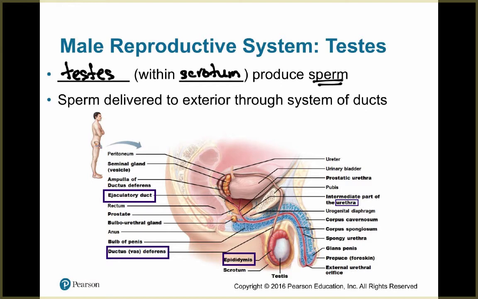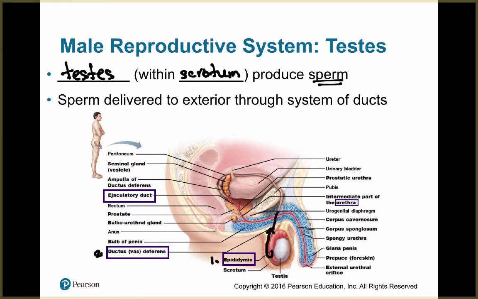And so if you look at this picture, I've shown you the duct system that it starts with. Once it leaves the testes, it goes to the epididymis, you can see here. And then it's going to leave out of that and go up here to the ductus deferens, known as the vas deferens. It's the second one.